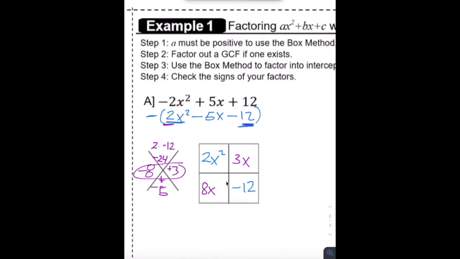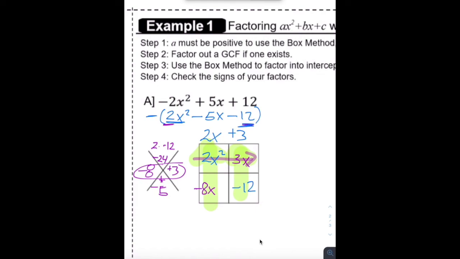Like we did on Monday, now we factor the box. What do these two numbers have in common? Oh, I forgot something very important, the negative on the 8. So 2x squared and 3x, what do they have in common? 2x and 8, 3 and 12.